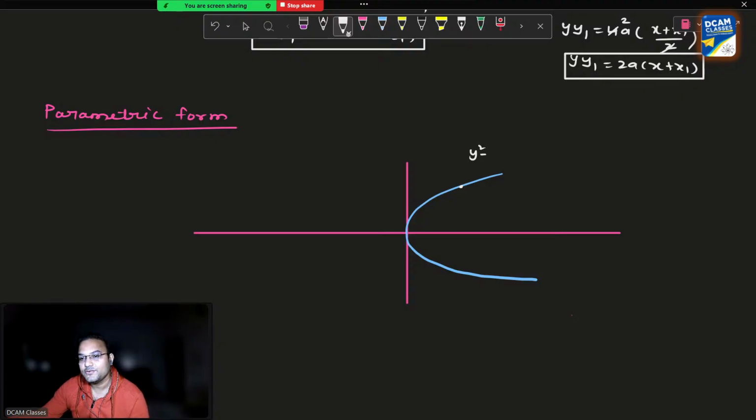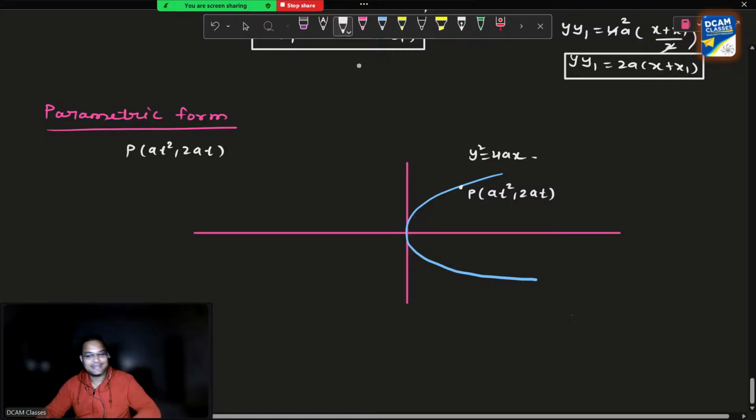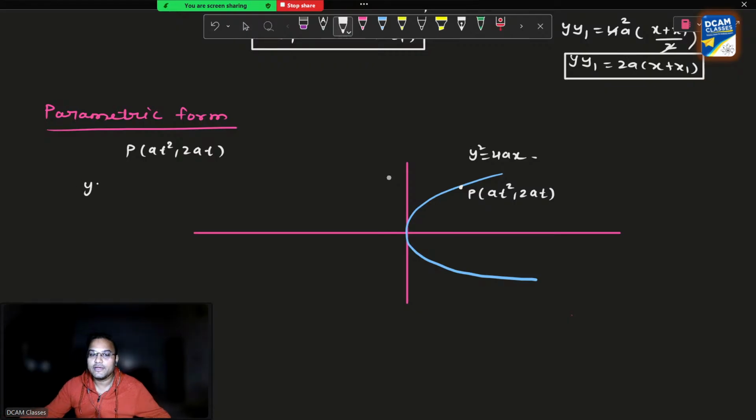See, y square is equal to 4ax. Whenever it is there, in this you can take point P as (at square, 2at). This is a parametric point. Now your task is, using the above equation, you have got y y1 is equal to 2a into (x plus x1).